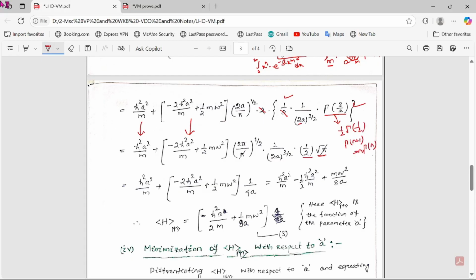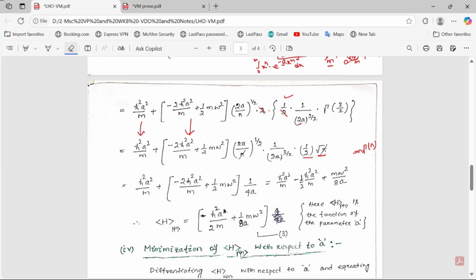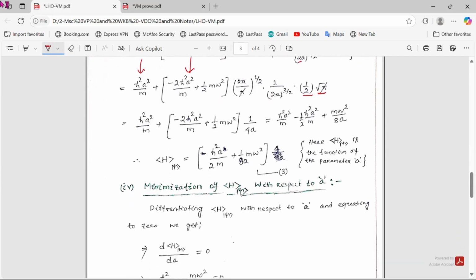So gamma 3 by 2 can be written as gamma 1 by 2 plus 1. Only for that it can be written as half gamma half. Okay, maybe you know the gamma function well, I just told you in case you forgot. So this term is written as such.